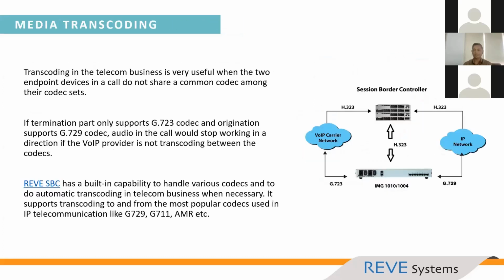Next is media transcoding. This is also an important part in the network, this media transcoding capability. It improves the network capacity, your media capacity. Suppose consider a condition that your origination is sending G711 codec and your termination is supporting only G729. And if you don't have the media transcoding capability in your network, then what will happen? You won't be able to serve those kinds of calls.